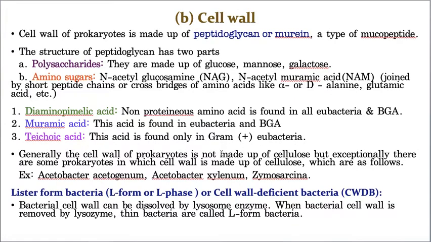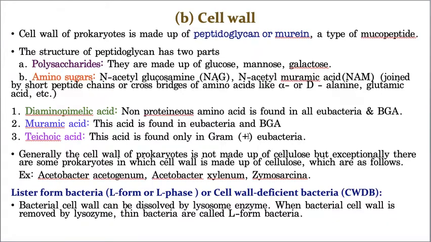Generally, the cell wall of prokaryotes is not made up of cellulose, because they are made up of peptidoglycan, whereas there are some bacteria whose cell walls are made up of cellulose. The example is Acetobacter. This Acetobacter bacterium has a cellulose cell wall.